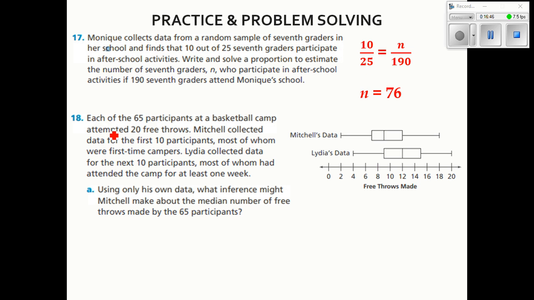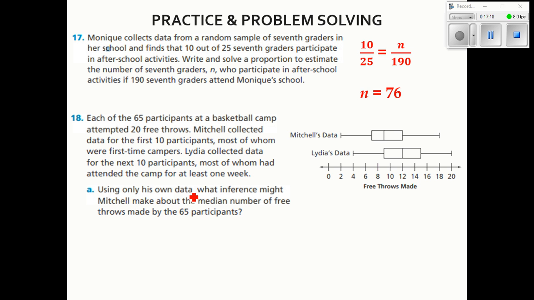Number 18, each of the 65 participants in the baseball camp attempt 20 free throws. Mitchell collected data for the first 10 participants, most of whom were first-time campers. Lydia collected data for the next 10 participants, most of whom had attended the camp for at least 1 year.